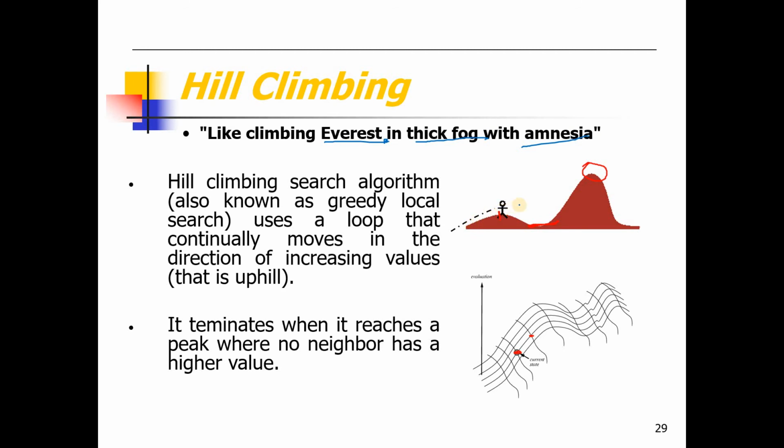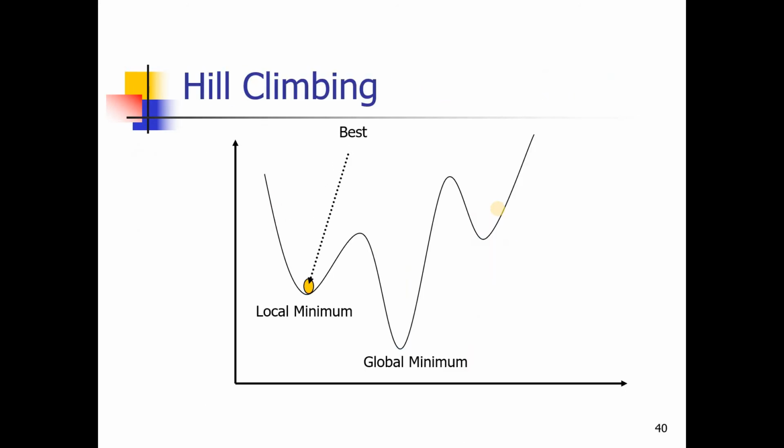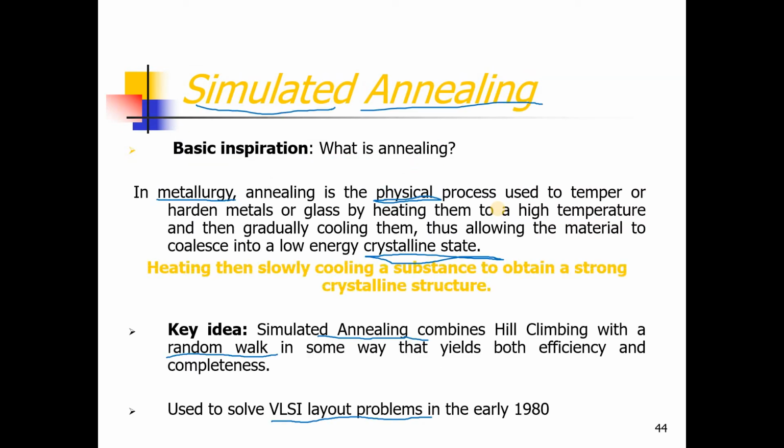You have a very thick fog, you can't see around, and you have a problem of keeping memory. You don't have any memory. You don't know whether you are coming from down to up or from up to down. So we try to remove this drawback, amnesia, and let's try to keep a record of a little bit of the past. That is what we will do over here in Tabu Search.